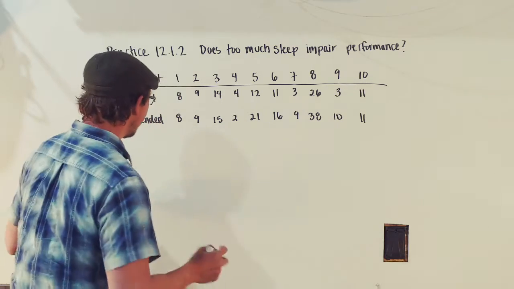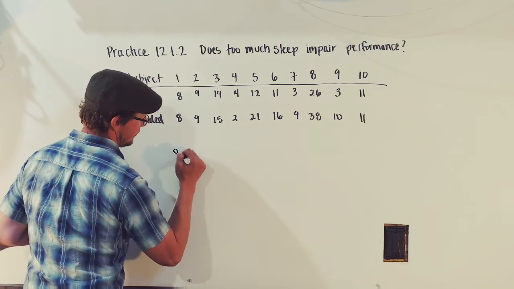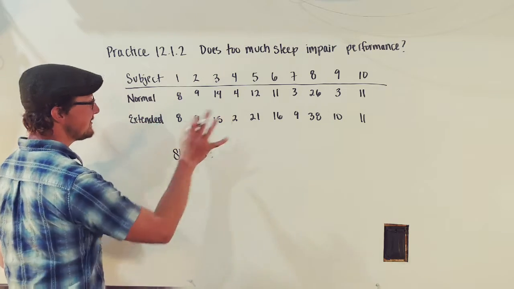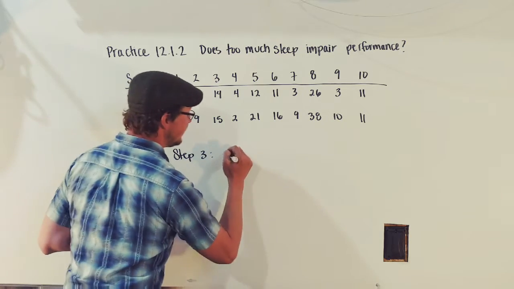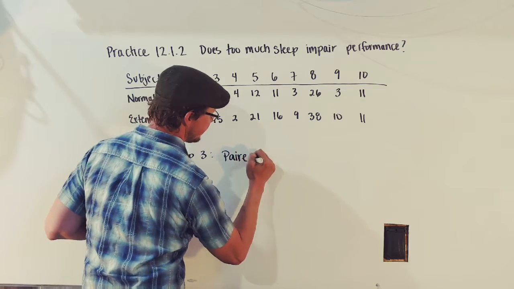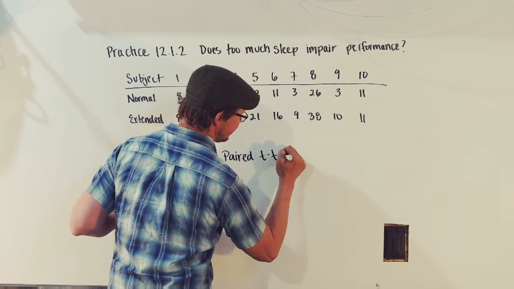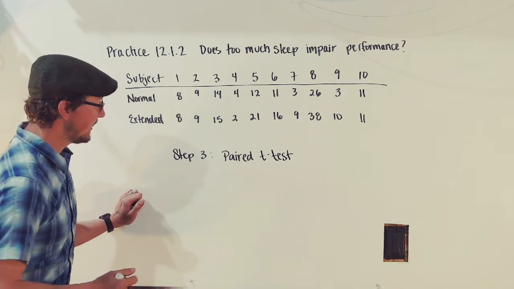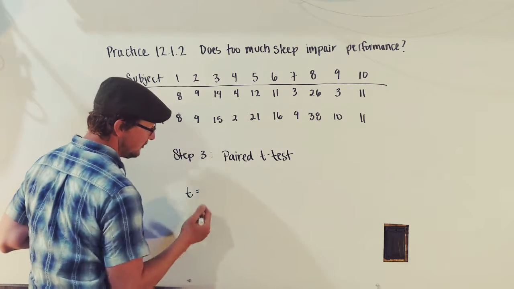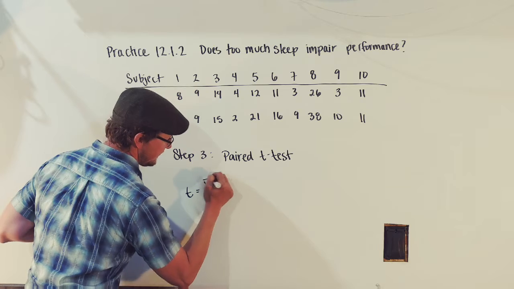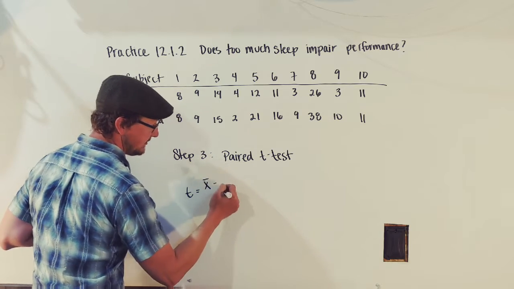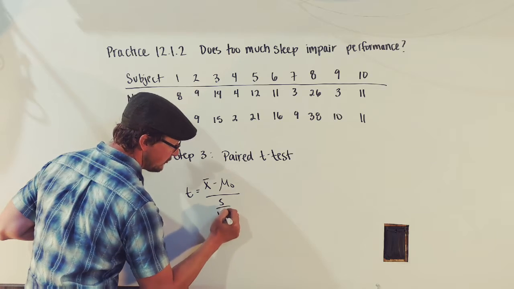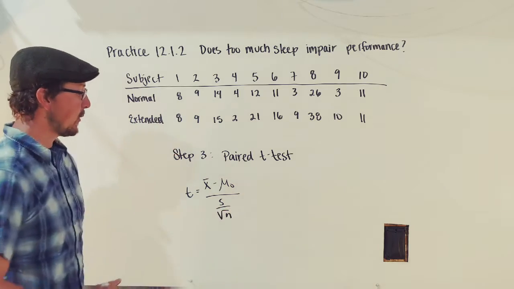All right, our calculation, step 3. And this, if we're putting a title on it, is a paired t-test. T equal to sample mean minus my hypothesized mean divided by the standard deviation over the square root of n.